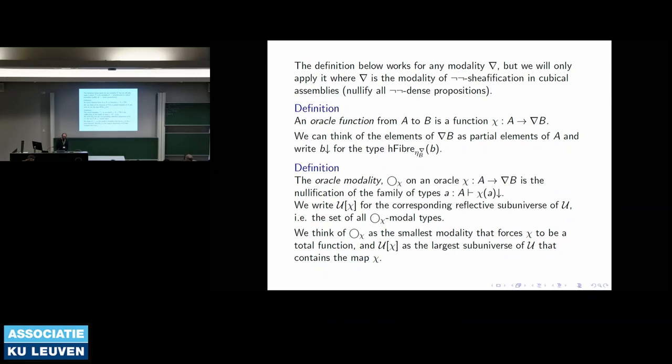You can show by some kind of formal generality that functions from A to nabla B are the same as functions from nabla A to nabla B. So this is saying that if you have two types A and B, then nabla A and nabla B are the closest approximations to A and B that we have in the reflective subuniverse corresponding to nabla, and an oracle is a new function that gets added inside this reflective subuniverse.